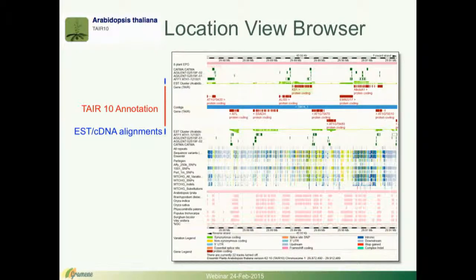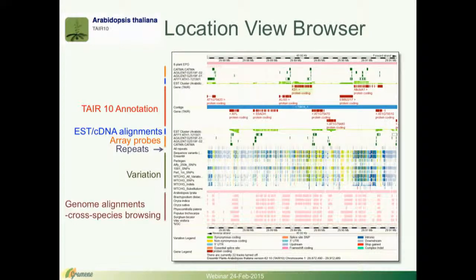We have EST and cDNA alignments, various array probes that are available for Arabidopsis, our repeat track, variation data shown here, and then various whole genome alignments, and each of these tracks represents an alignment to a different species.